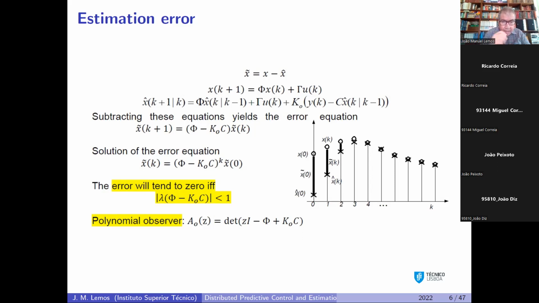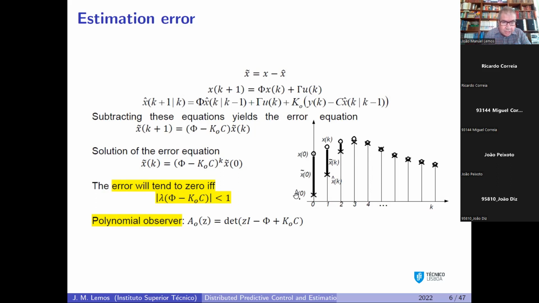Okay? So in that way, you have your state, that's the empty bullets here, and you have your estimates. And you start with an estimate probably with a large error. That's the crosses, the estimates.